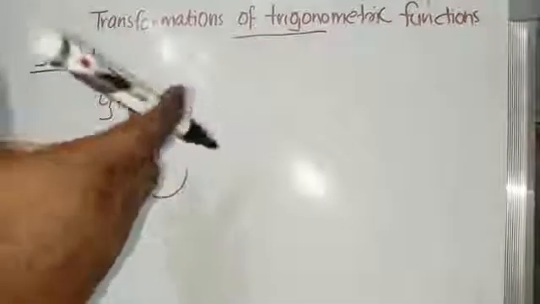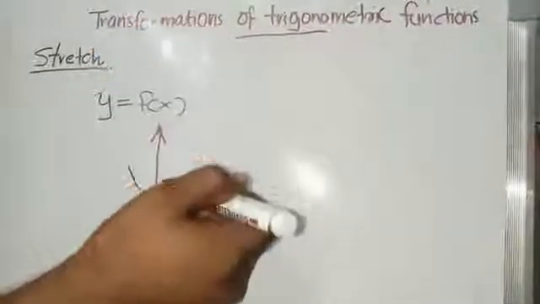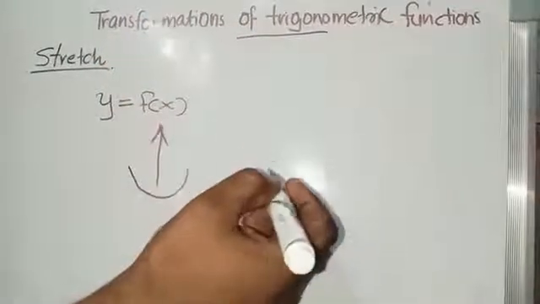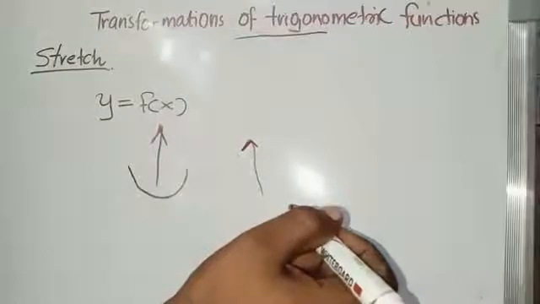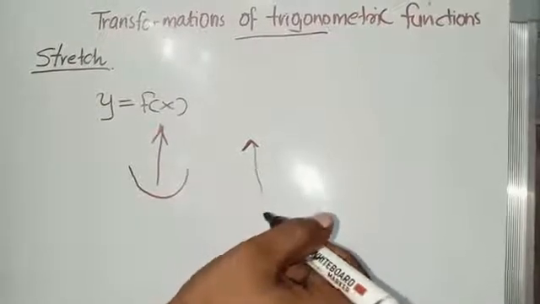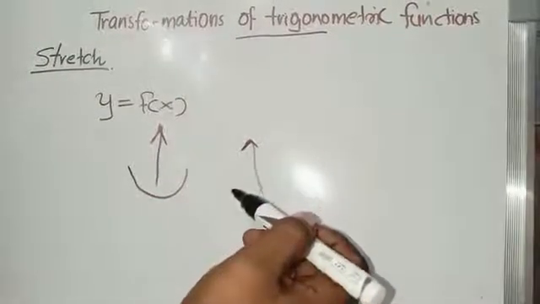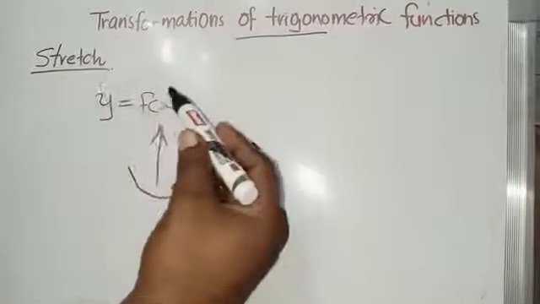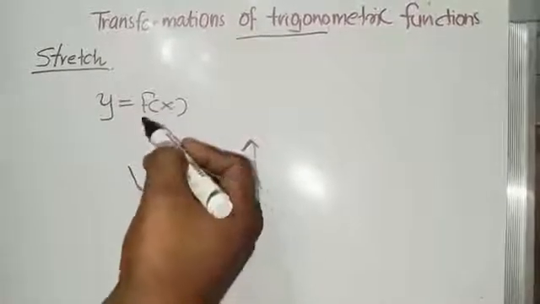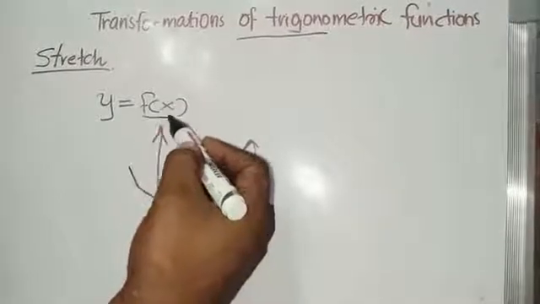When you stretch it vertically, that means stretch towards y-axis. Stretch towards y-axis stands for the result is affected to the whole y. That means the result is affected to the whole f of x.